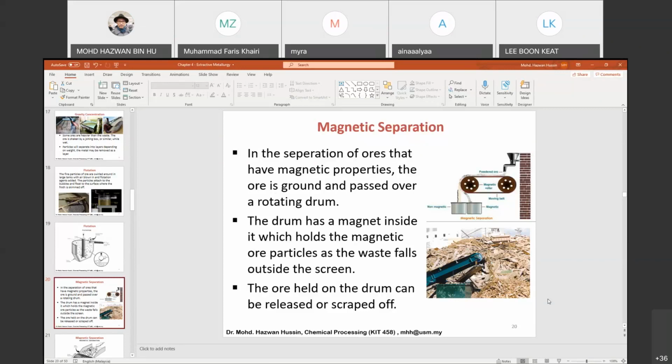The drum has a magnet inside, which holds the magnetic ore particles as the waste falls outside the screen. The ore held on the drum can be released by scraping off, or, if they didn't use permanent magnets, as I said, the most common one is they just use a solenoid wire. When you put current, it becomes a magnet, and when you stop the current, it no longer is a magnet and you can easily remove the ore.